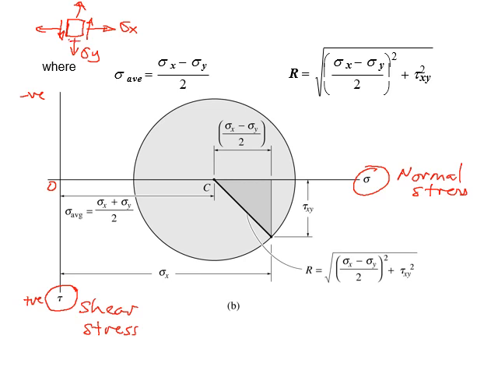And then we have complementary shear on the top and bottom surfaces. So this is tau xy. If you look closely, tau xy on the right surface and the left surface is forming a counterclockwise couple.